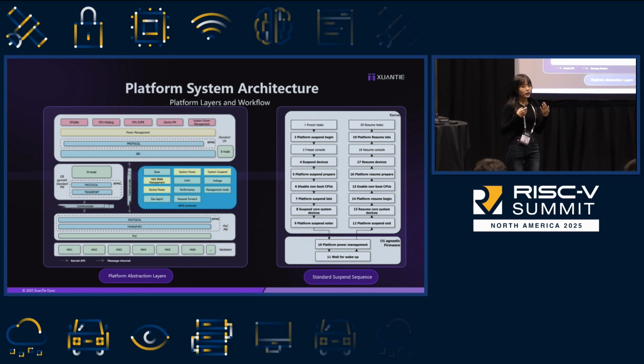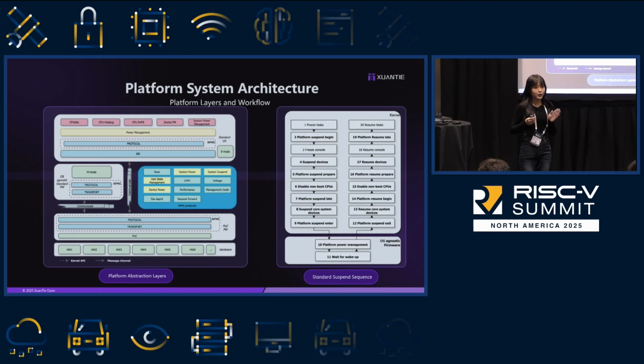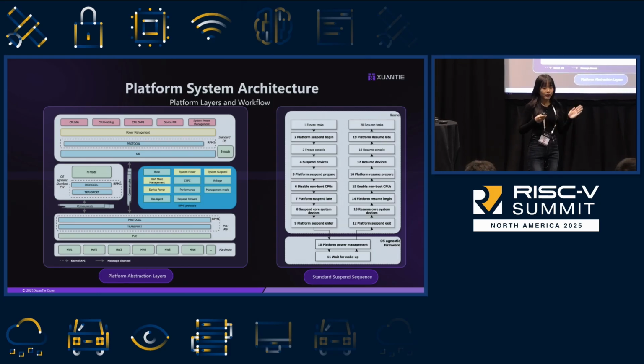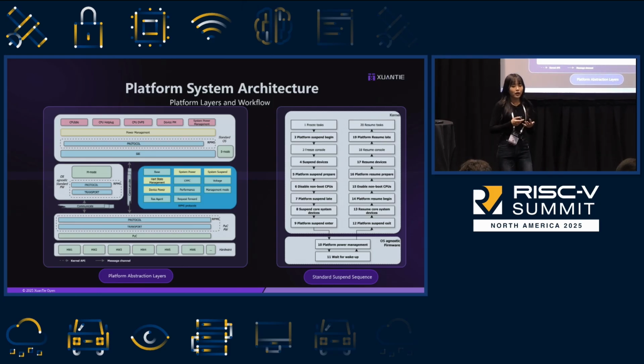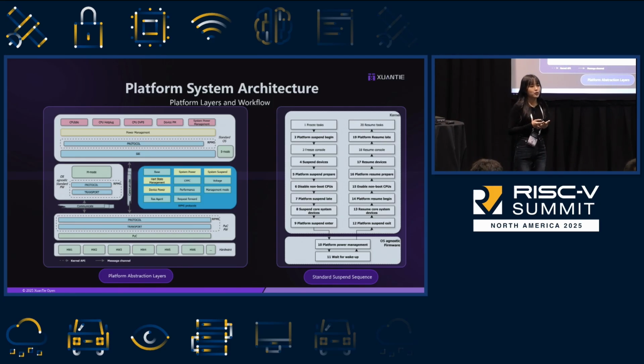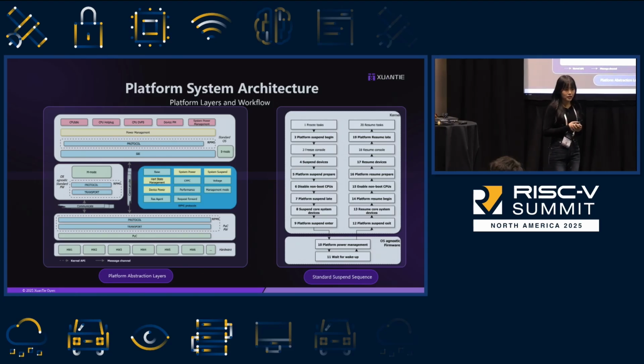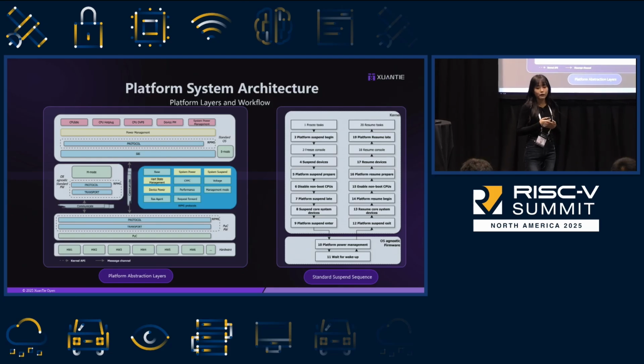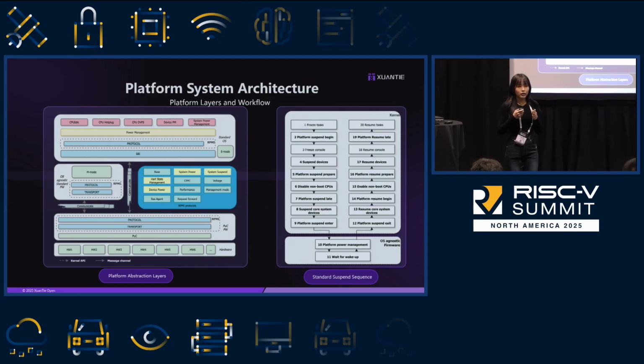When you push the sleep button on your laptop or your phone, what happens? First, the kernel will freeze all the processes in the system. Then it will suspend the devices, whether the peripherals or the cores, the non-boot cores.